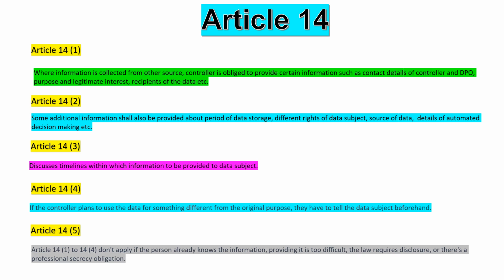Article 14.5 says that Article 14.1 to Article 14.4 don't apply if the person already knows the information, or providing the information is too difficult, or the law requires the disclosure and there is a professional secrecy obligation. So this is about Article 14.